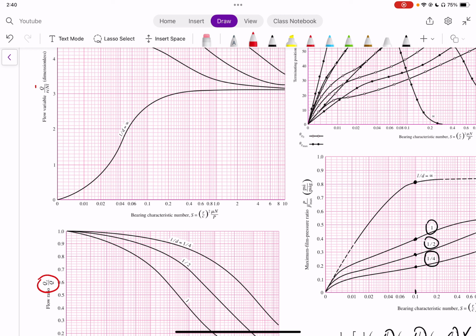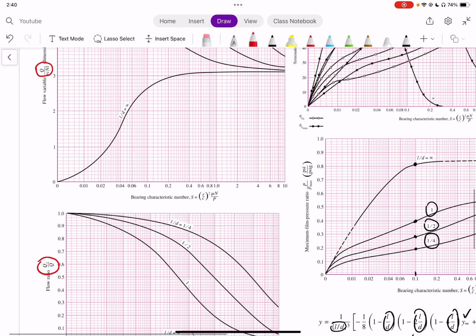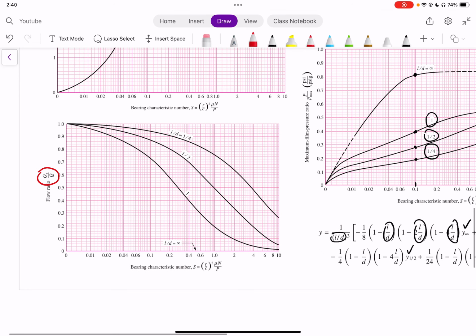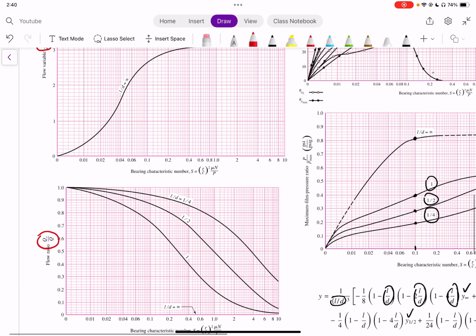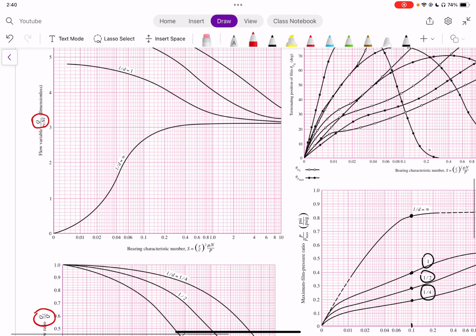There's no way to just find QS as a function of just RCNL. So what we need to do is find Q first. Then once we find Q, we can use the flow ratio to find QS. The best way to do this is to find both terms directly, write them down on your worksheet, and then solve for both immediately.